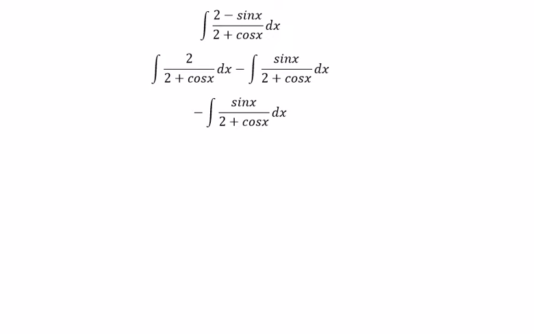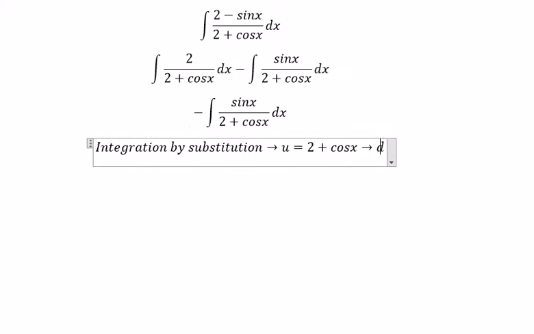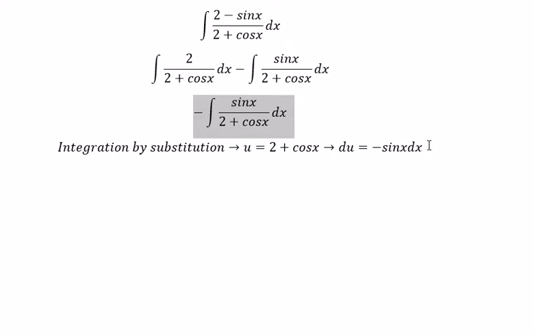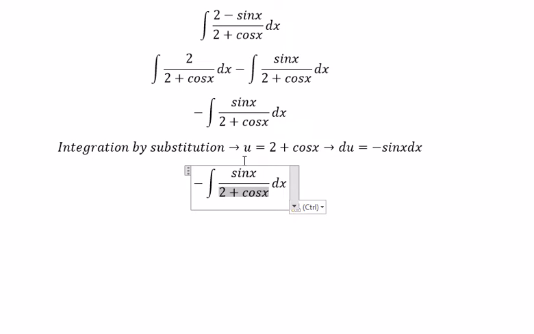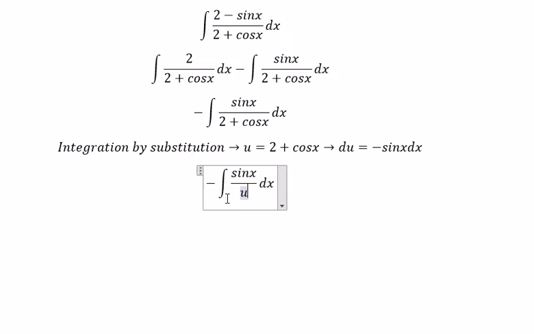We need to use integration by substitution. So we let u equal 2 plus cosine x, du equal negative sin x dx. For this one, we change 2 plus cosine x into u, so that should be u in here.